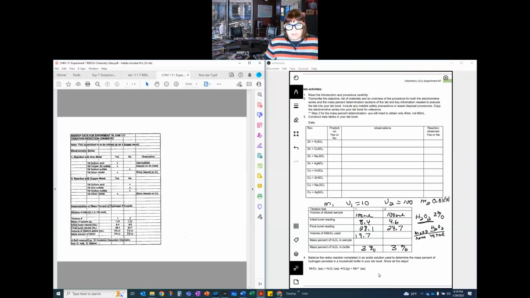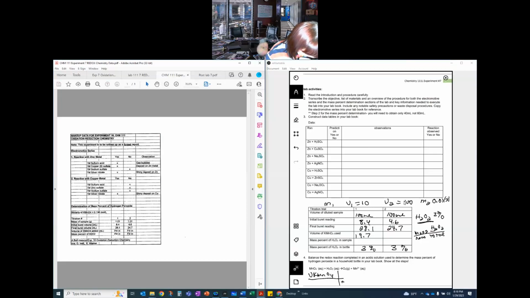Now, how are you going to do that? Well, you're going to do that using stoichiometry. If we look at the stoichiometry for this, we have to balance the redox reaction, right? Once that is balanced, then we can look at the volume. So I will take my volume of KMnO4 and multiply by the molarity of the KMnO4.